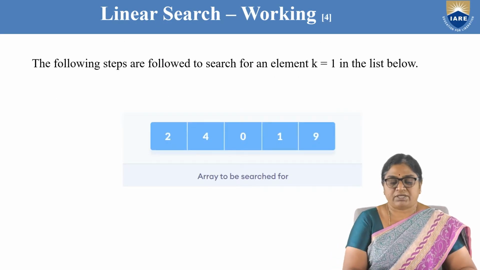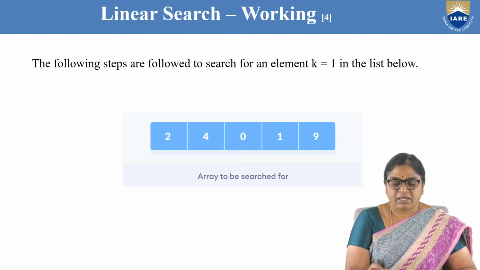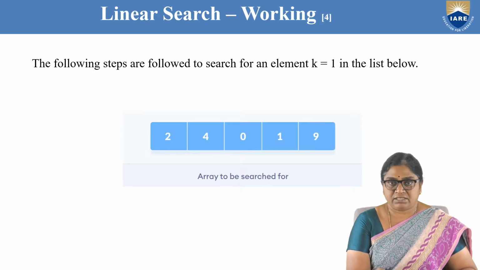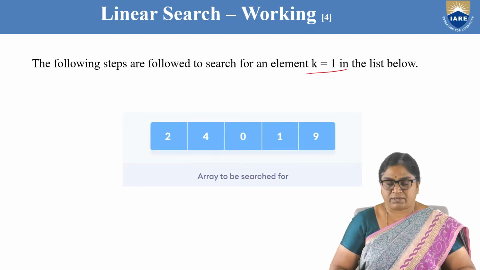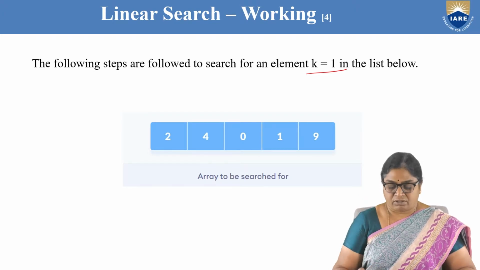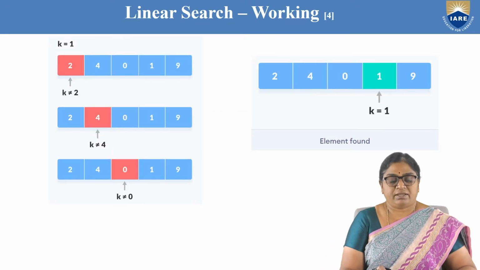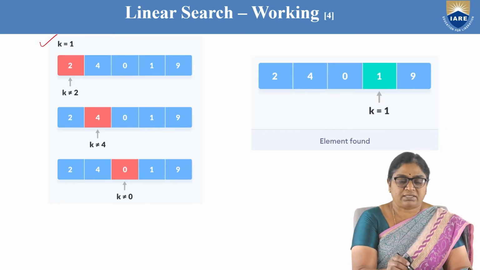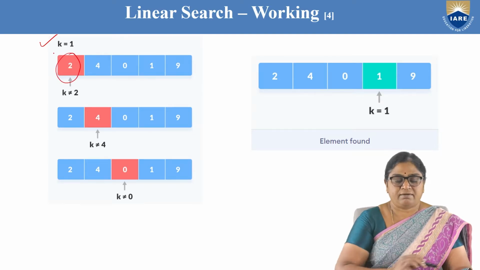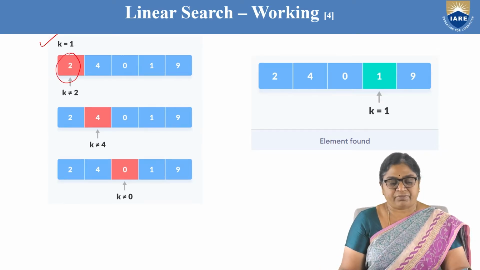So here we'll try to understand the linear search using an example. Here we are having a list of elements. In this list we are having 5 elements, 5 randomly picked numbers, and we are trying to search a key element which is 1 in this particular example. So here key value is equivalent to 1 and we are trying to compare that key element with the first element of the list.